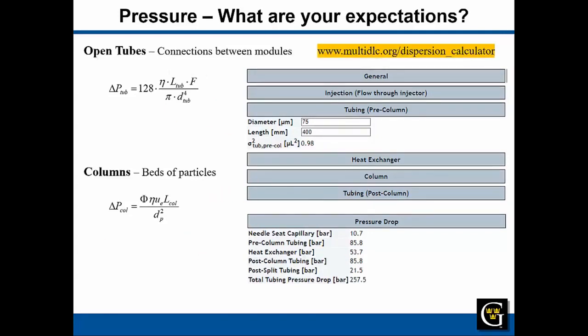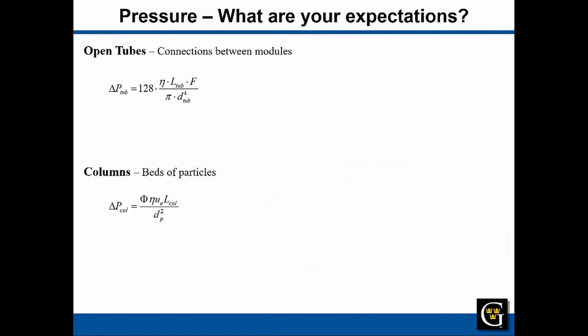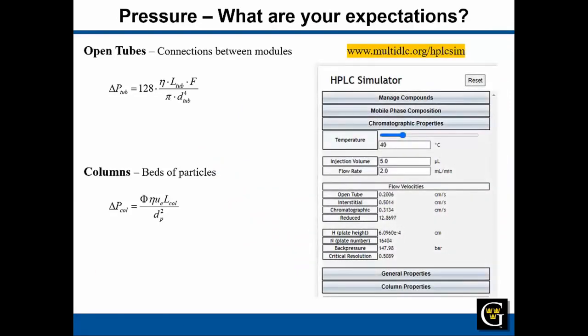Now for the column itself, we have a different tool. This is our HPLC simulator. Again, if you go to the same website, but /HPLC sim, here you can put in all of the typical variables we would think about in an LC experiment, the temperature, the flow rate, the column dimensions, the particle size, and so on.